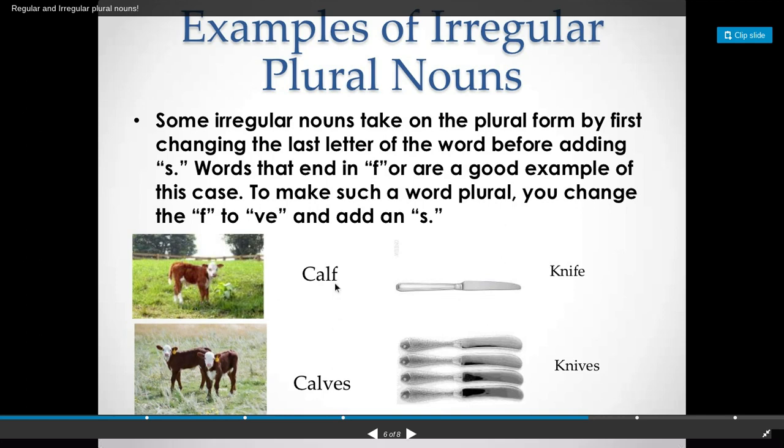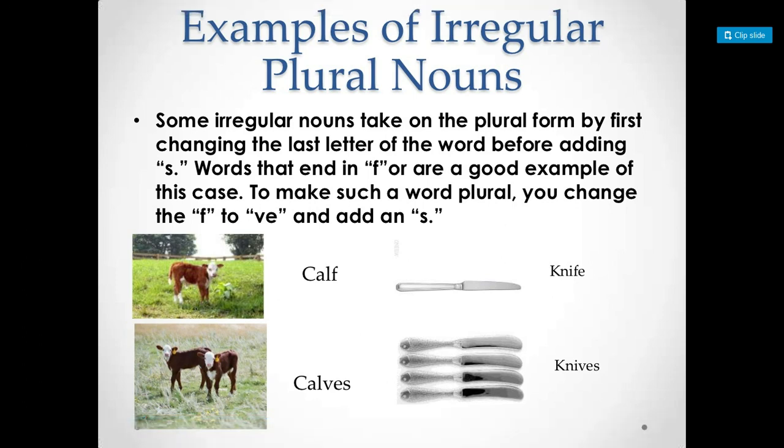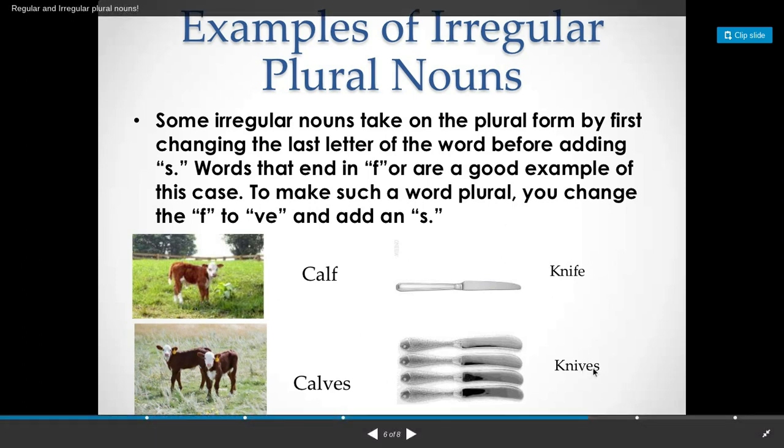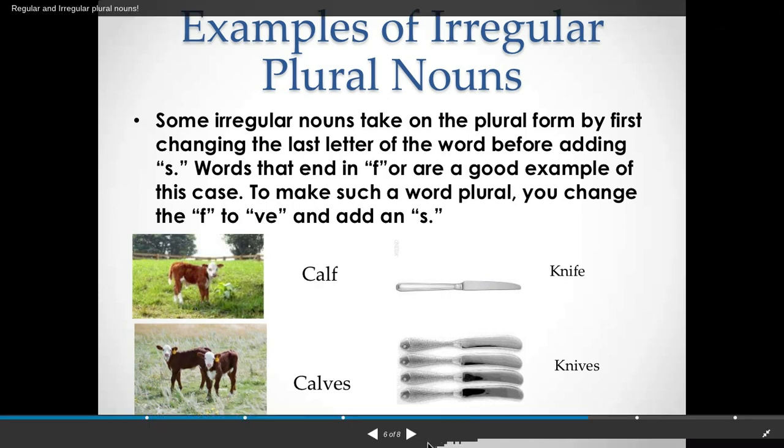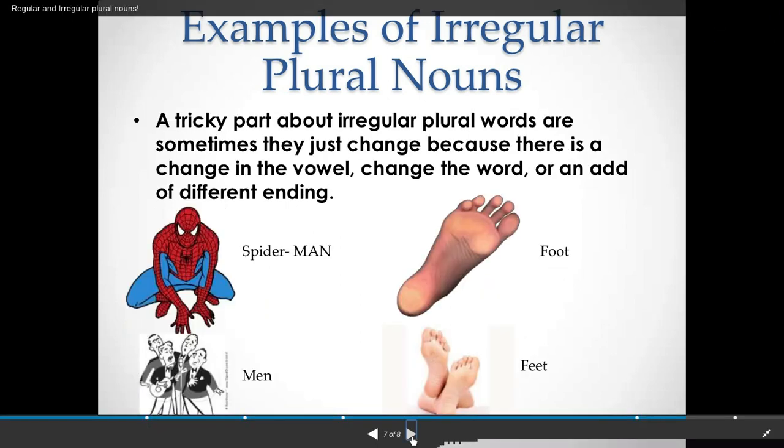Knife is F, right? We change the F to a V, the E stays, and we add the S onto the back. This can also be for words like shelf or scarf. Shelf turns to shelves and scarf turns to scarves.